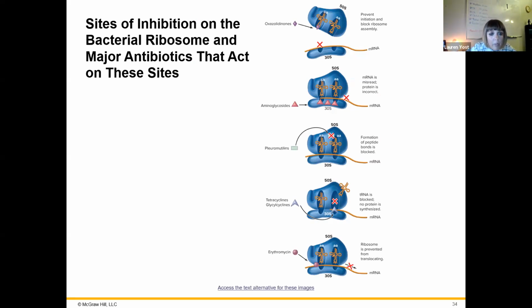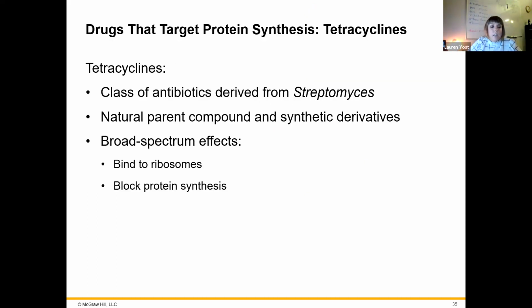I would be aware of aminoglycosides, glycylcyclines, tetracyclines, and erythromycin. If you haven't heard of these terms, I don't think you've been working in the medical industry. I don't believe it. So tetracyclines were one of those categories, right?